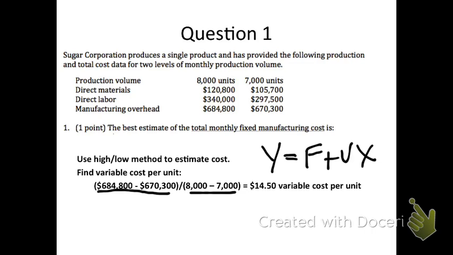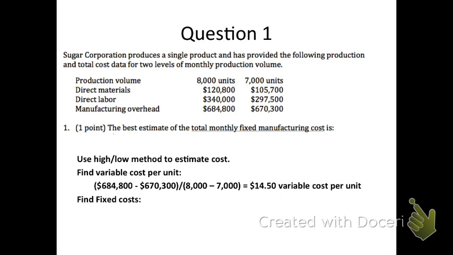we have to use this now to get the fixed portion. We know y, and you can use any one of the y's. The variable cost is going to be the production times the variable cost per unit. I've chosen to use the 8,000 unit point, the high point, the 684,800 and the 8,000 units.